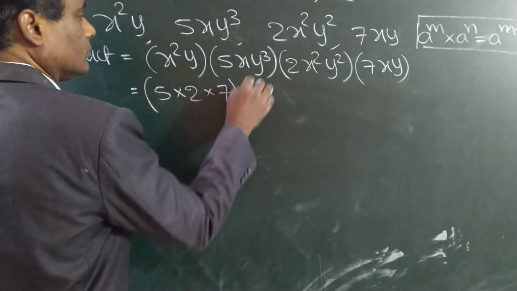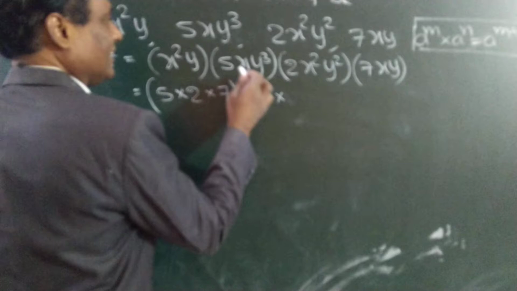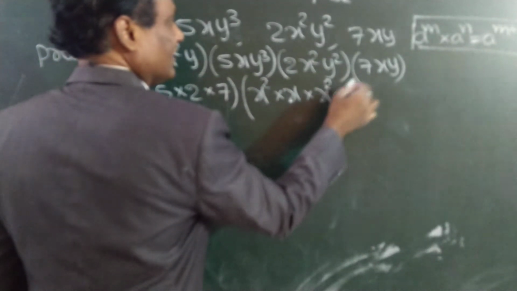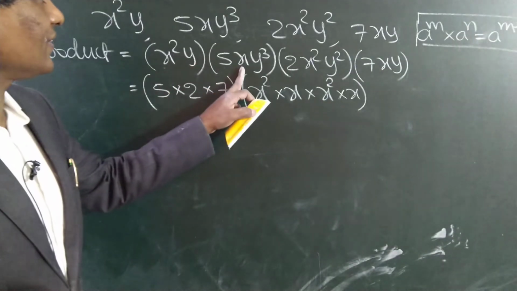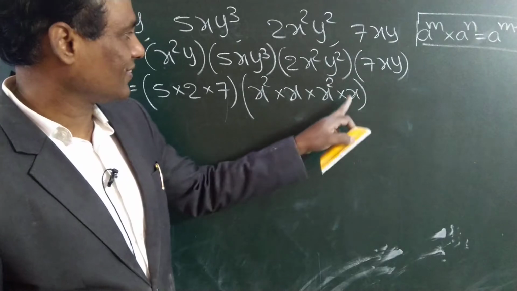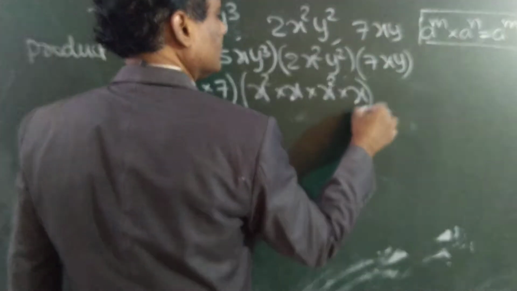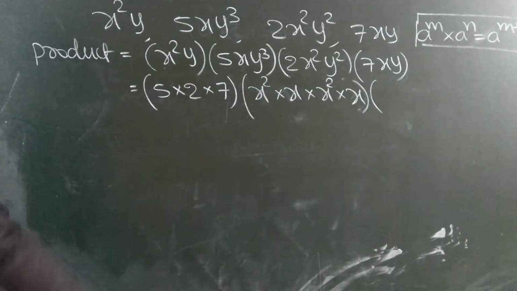Next, x square into x square into x square into x. All x in one bracket. You can directly write the answer also. No need actually writing all these steps.